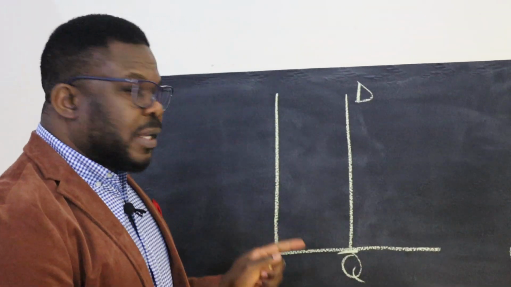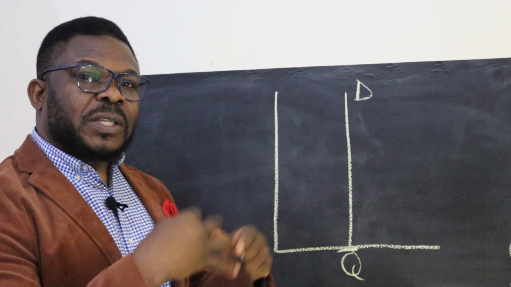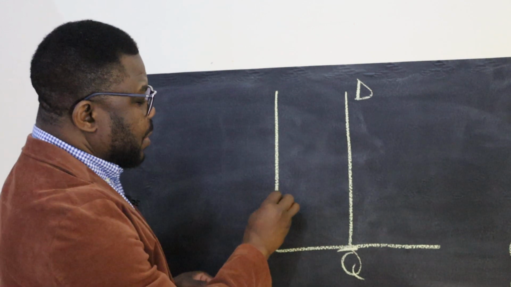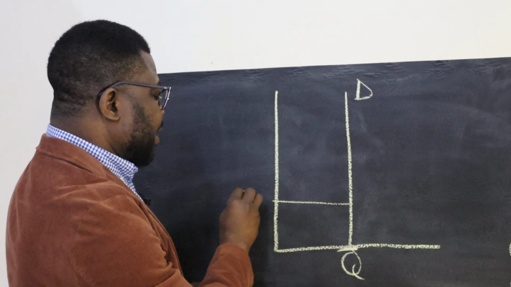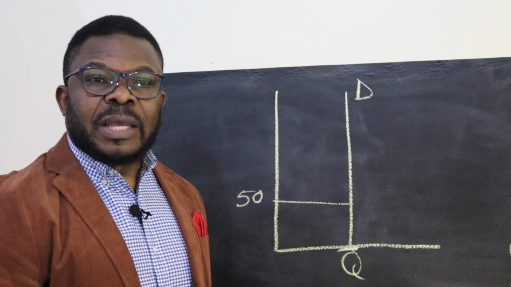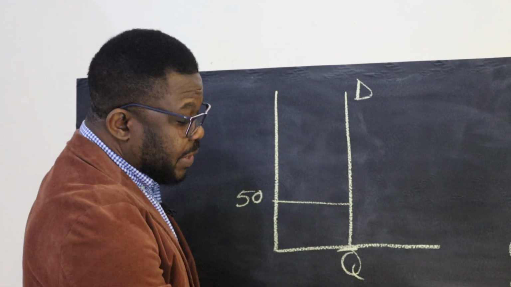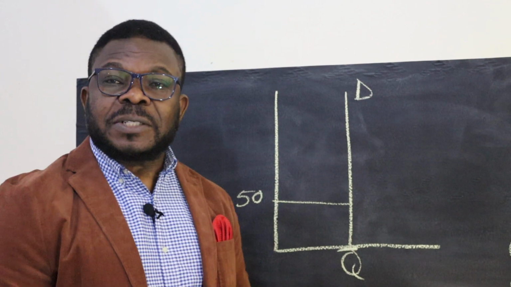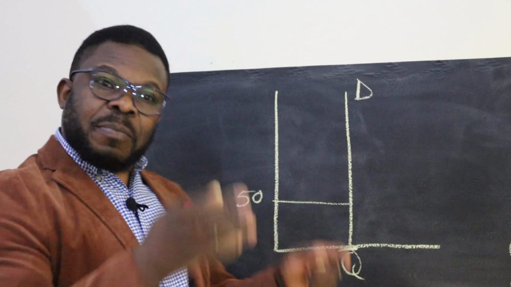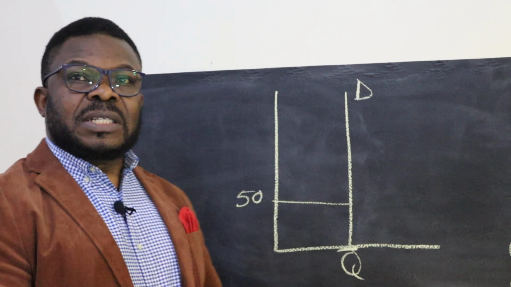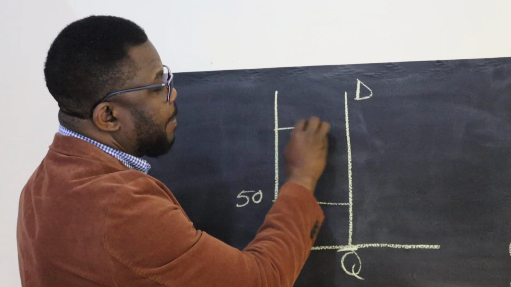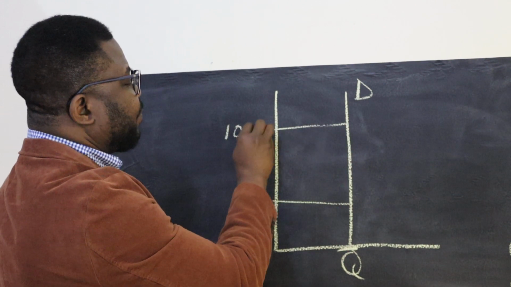Why? Well, imagine that you go to the pharmacy. If you're diabetic, you go to the pharmacy two weeks ago, and the price per insulin is $50, for example. You're going to buy the same exact quantity because that's what the doctors have prescribed for you. But let's say you go to the pharmacy the next week and the pharmacist says to you, the price has gone up to $100.